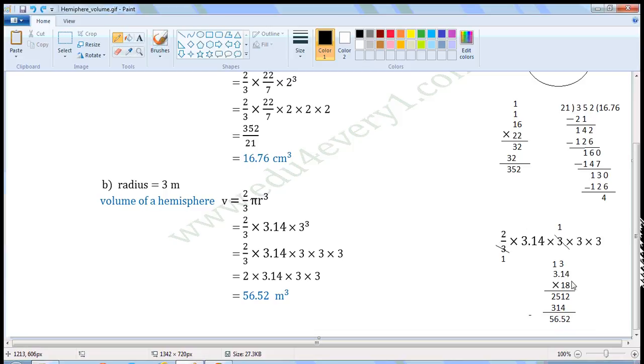Here there are 2 decimal places, so move to the right corner of the result, count 2 places to the left and put the decimal point. That is, we have to put the decimal point between 6 and 5 and the value will be 56.52. So volume is equal to 56.52 meter cube. The units of radius are meters, so units of volume will be meter cube.